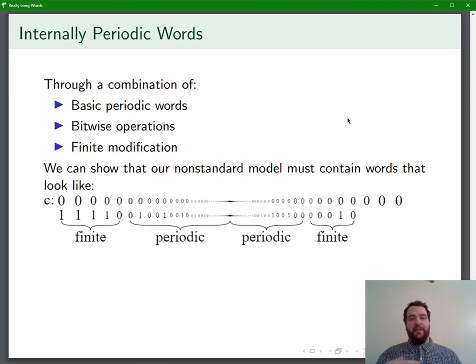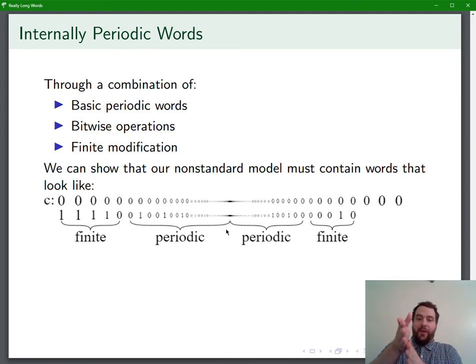And then, of course, we have finite modification through a combination of these operations, right? The fact that our non-standard model has to be closed under these operations, we can show that our non-standard model must contain all of the words that look like, so here I just have C for reference. There's some finite random sequence of zeros and ones, who cares what that is. Eventually the behavior becomes periodic, going into the infinite bit.